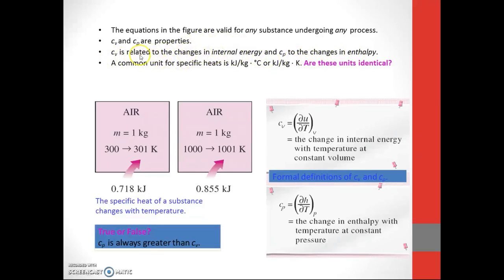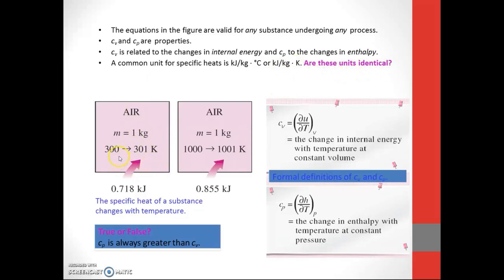If the internal energy changes, it will change the value of CV, and if we have changes in enthalpy, we have changes in CP. A common unit for specific heat is kilojoule per kilogram per degree Celsius, or in terms of Kelvin. Are these units identical? That's the question for you.